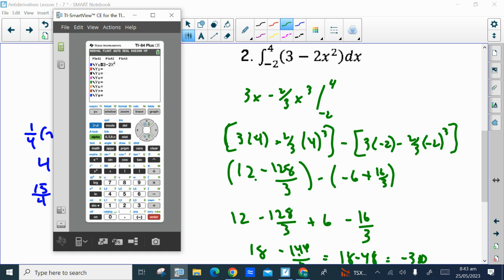Put it in there, and then second function trace. We're going to do number 7, which is the definite integral. Our lower limit here will be negative 2. Our upper limit is positive 4. And it gives us the answer. And also shows it graphically, the area too.